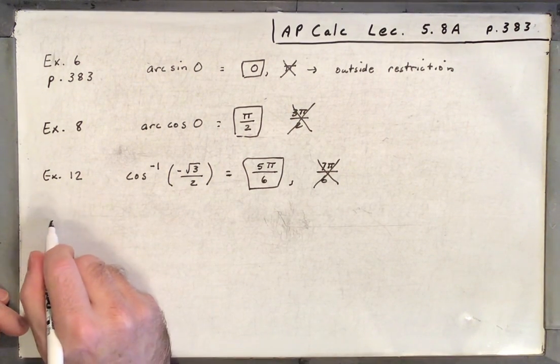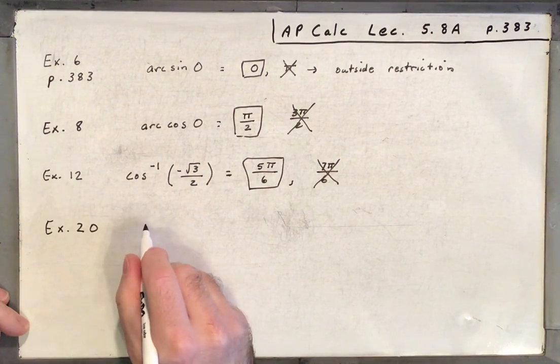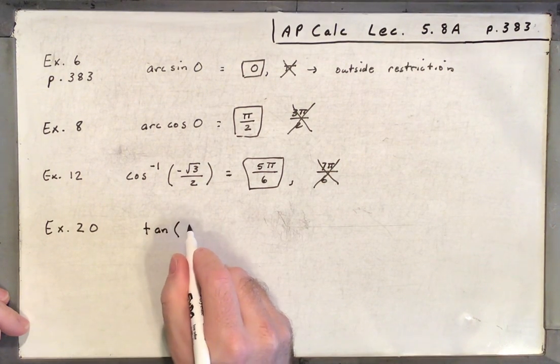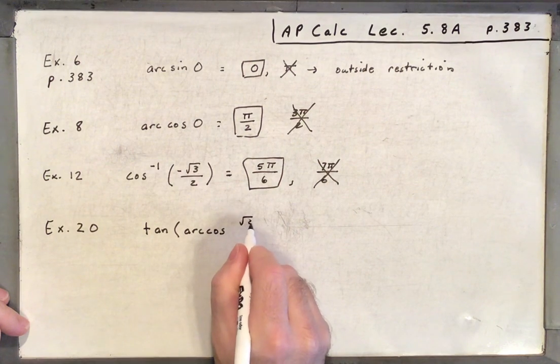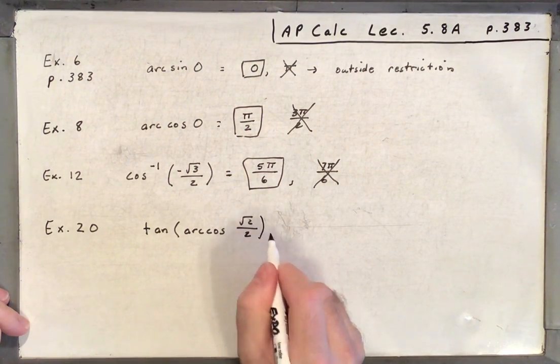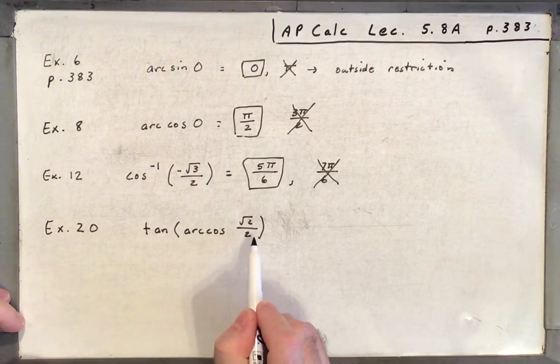All right, let's look at example number 20. Okay, so in this one we're taking the tangent of the arc cosine of root 2 over 2. So first of all, we want to work inside out.